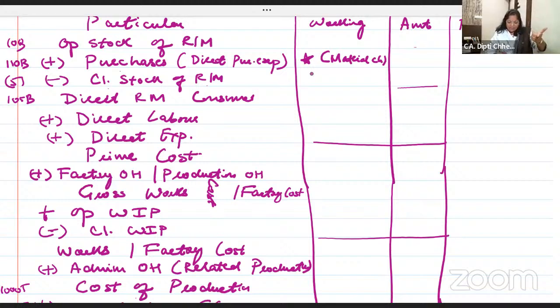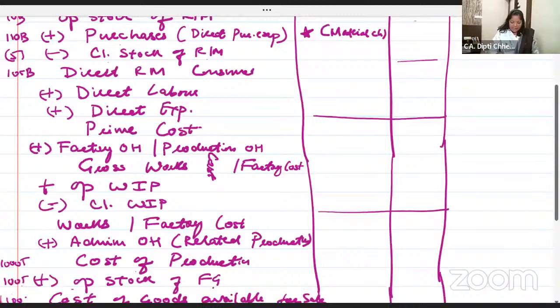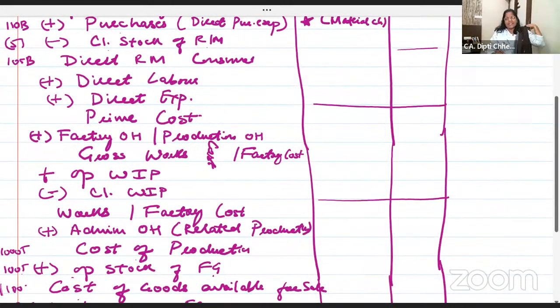You can take the direct material, direct labor, direct expenses. This is like your core cost, beta. This is called core cost, meaning this is your prime cost. Okay? Right. After this, we have your factory expenses, your gross works cost will come.